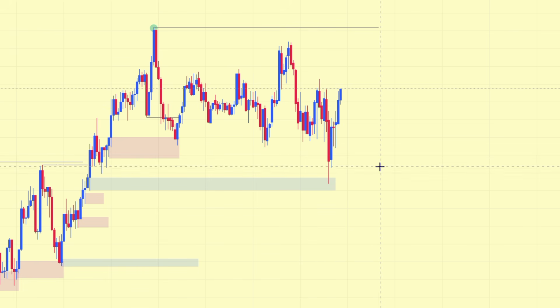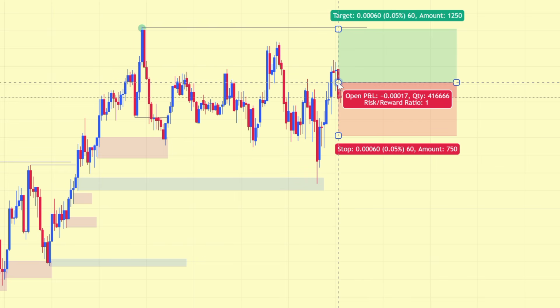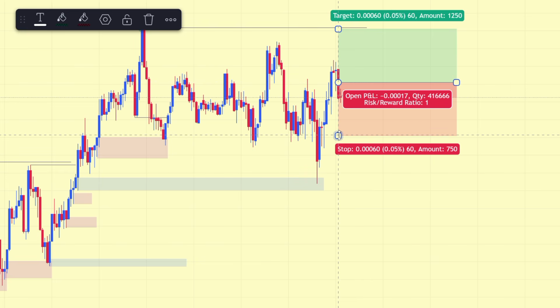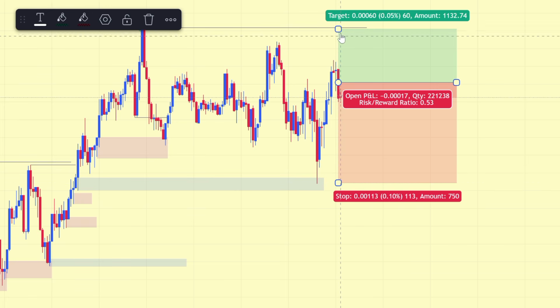So for me now, I can take, is there a second leg? There's no second leg here. So this is the second leg, you can clearly see here. This is the valid one, so I'll be placing there. The best SL is actually here, but this will give me a negative RR because the target profit is there.